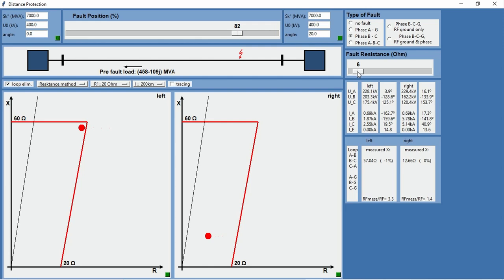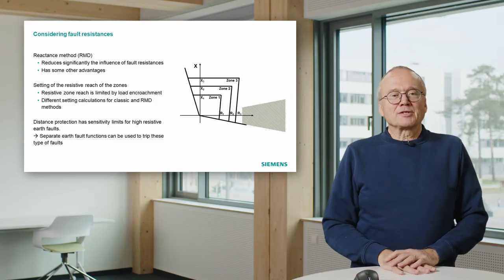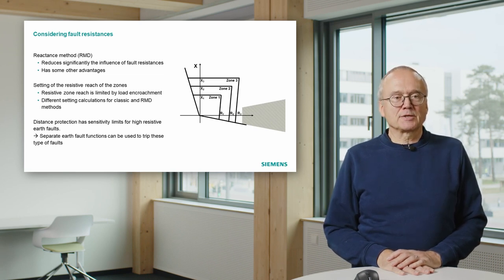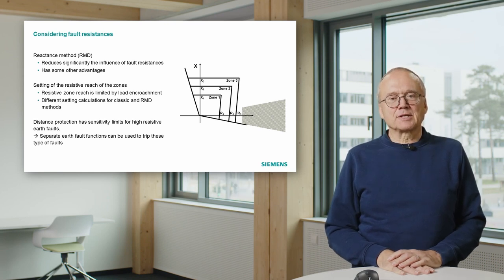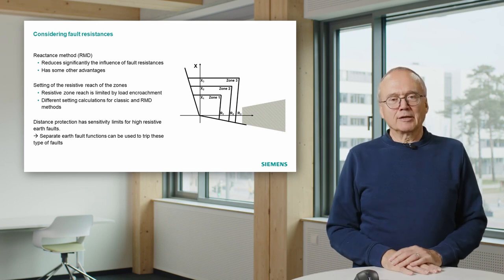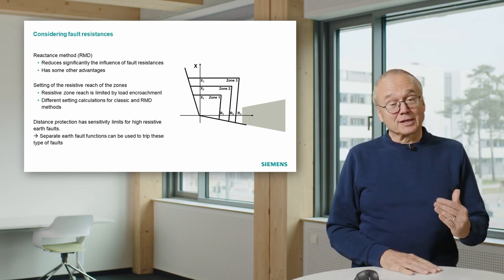We will now continue with the slides again. So after this look into the simulation, I would like to do some concluding remarks on the issue of fault resistances. We saw that fault resistances in conjunction with pre-fault load can also influence the reactance measurement.